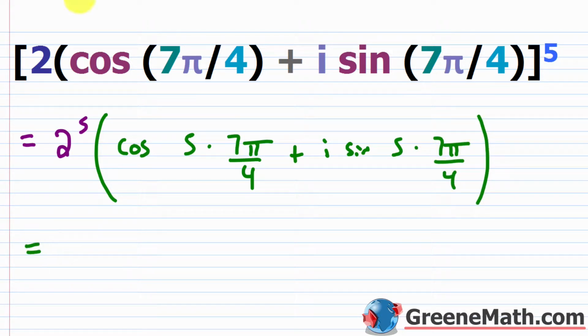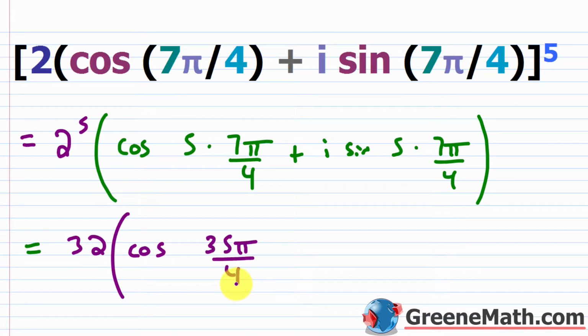So we'll say this is equal to 32, 2 to the 5th power, then times the quantity. 5 times 7 is 35. So this would be the cosine of 35 pi over 4, and then plus I times the sine of 35 pi over 4.